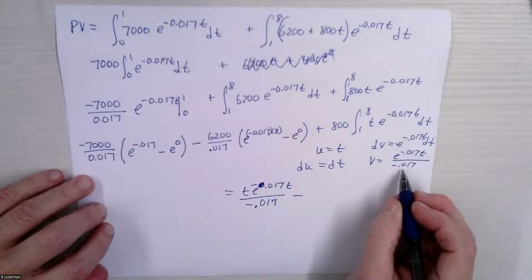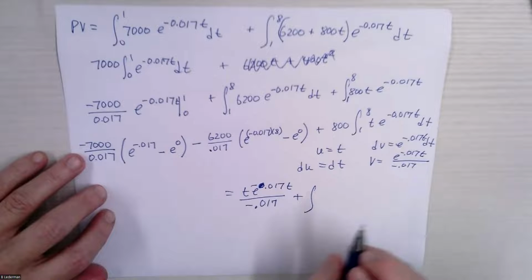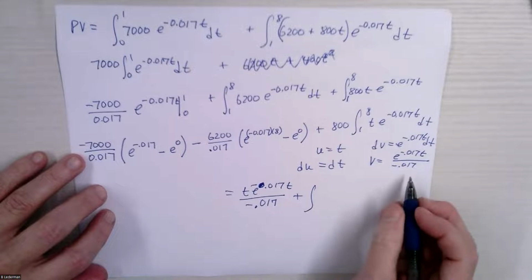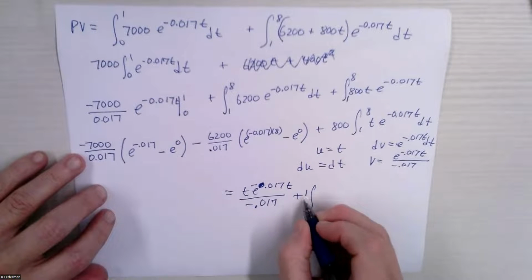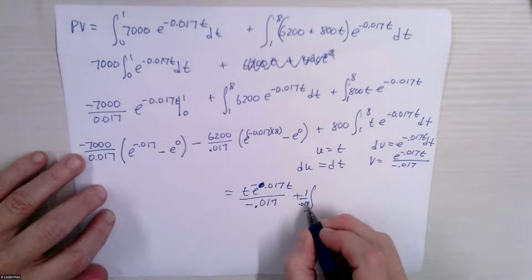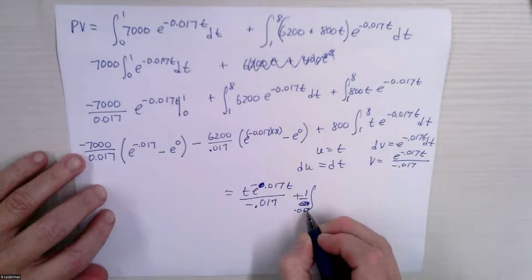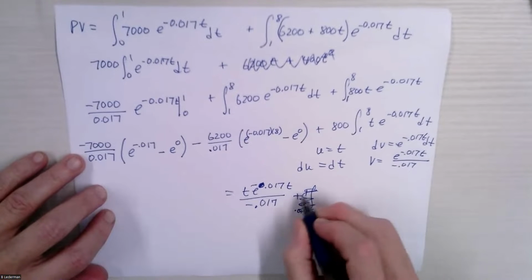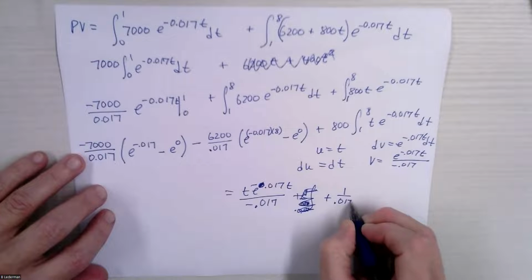That becomes a plus 1 over 0.017 times the integral of e to the negative 0.017 t dt.